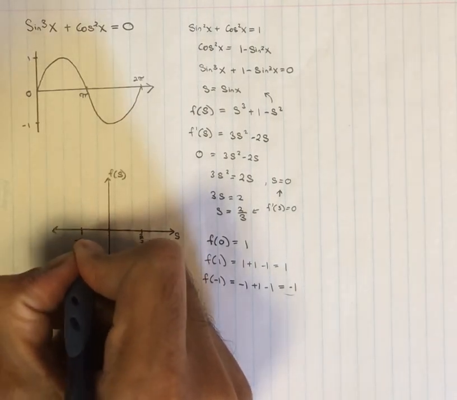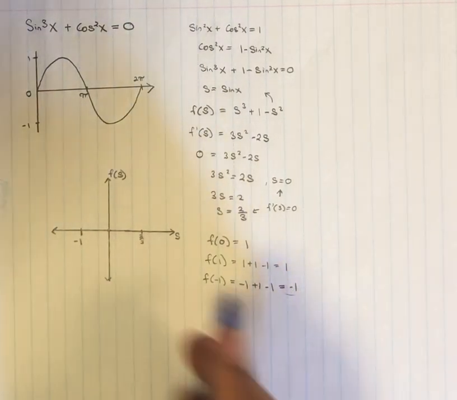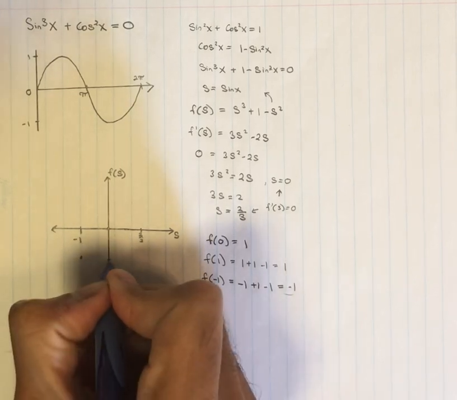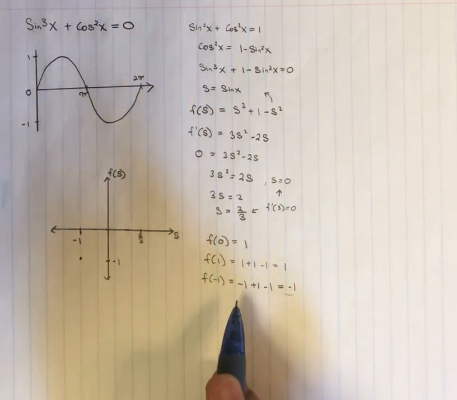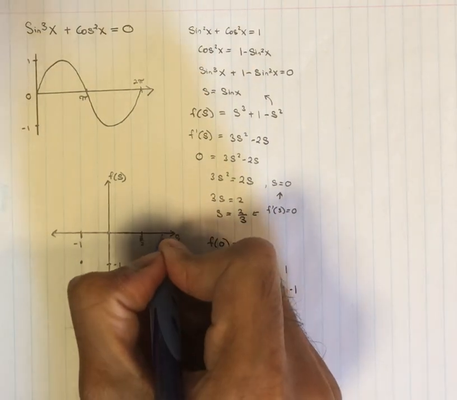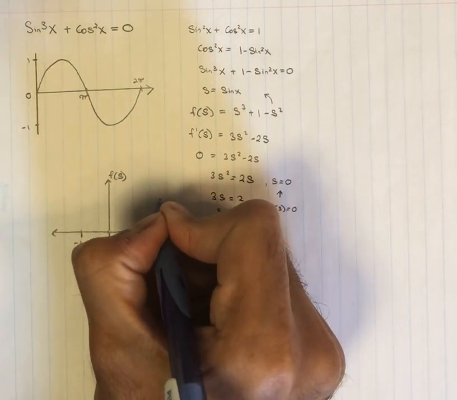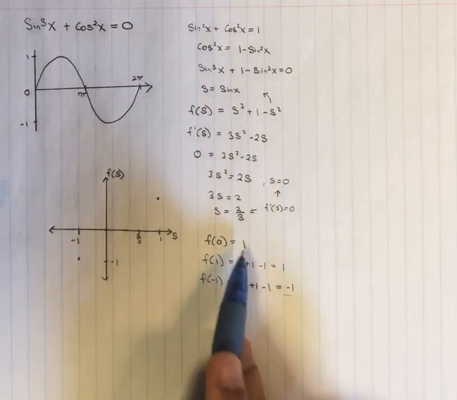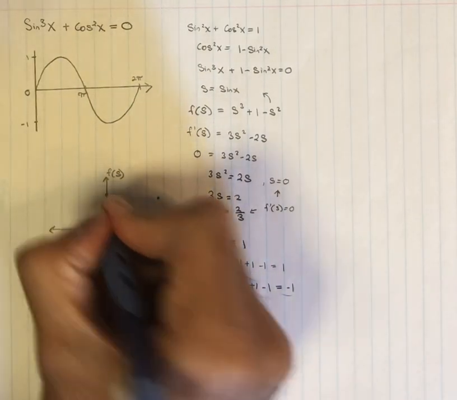So at negative 1, we see that f takes a value of minus 1. At 1, f takes the value of 1. And at 0, f takes the value of 1.